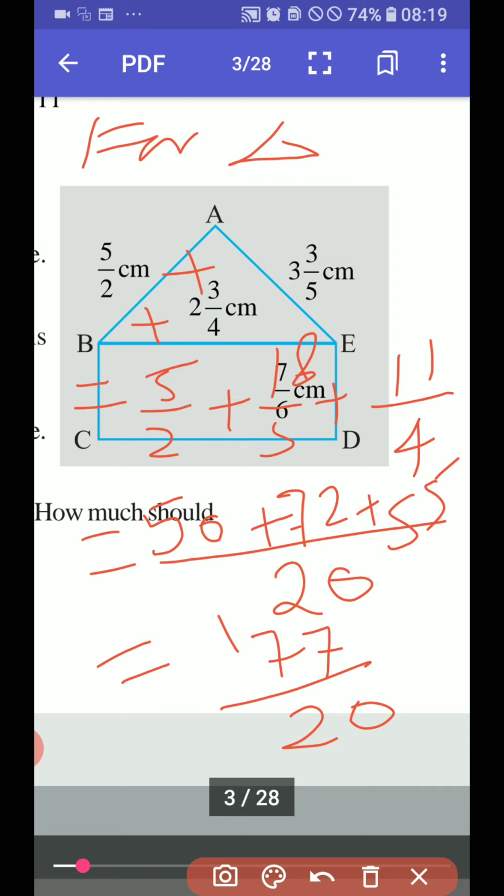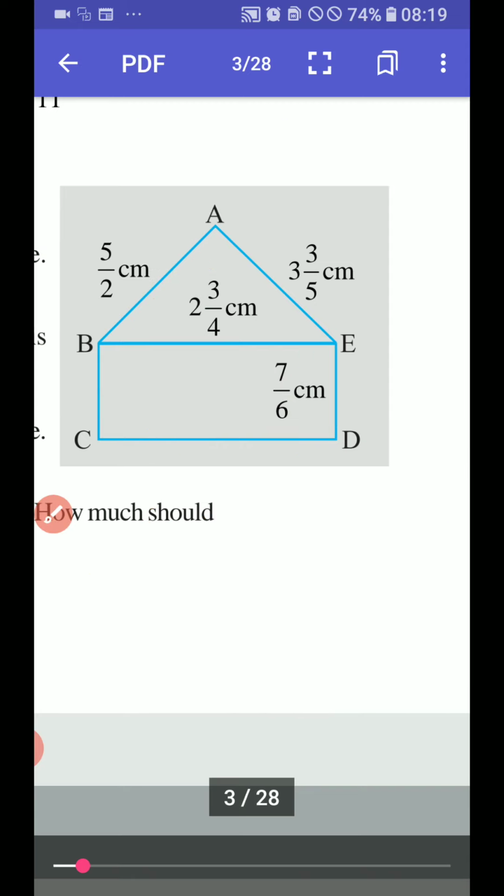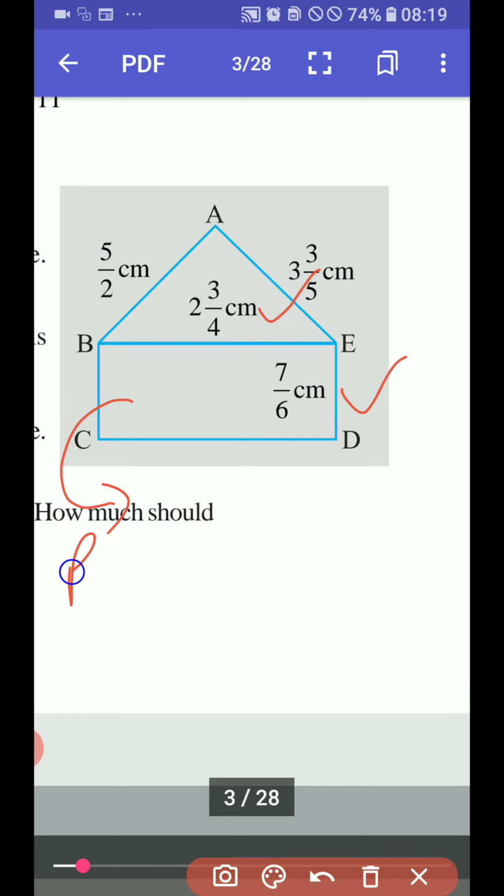Now come to the perimeter of the rectangle. The length of the rectangle is 2 whole 3 upon 4 and its width is 7 upon 6. So for the rectangle the perimeter P equals twice of 11 upon 4 plus 7 upon 6. 2 times 4 is 8, 8 plus 3 is 11 upon 4.